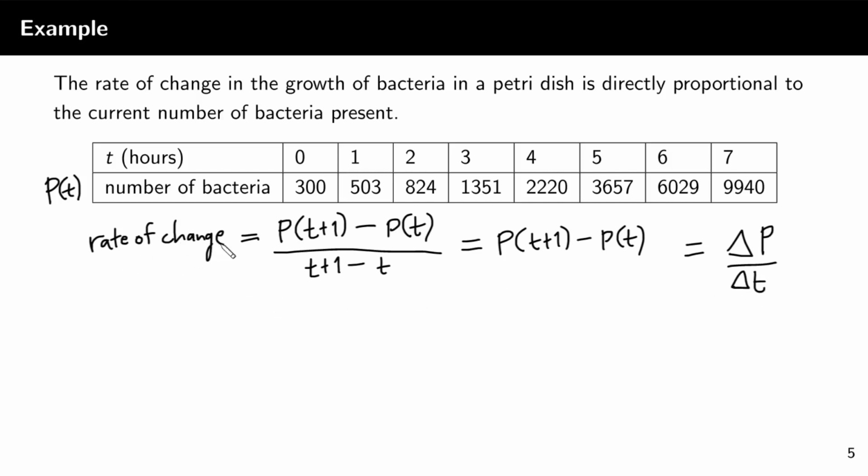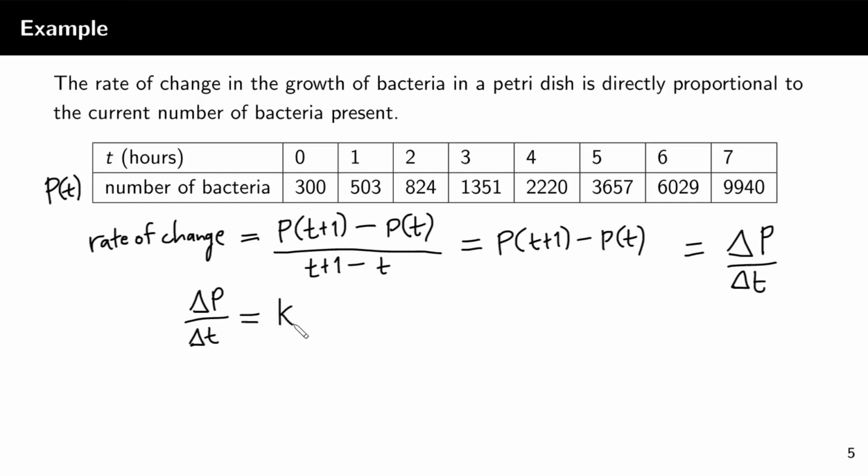So that's the rate of change. Okay. So, ang na-observe nung biologist natin is yung rate of change, which is this. So, delta P over delta T is directly proportional or approximately directly proportional to the current number of bacteria present.